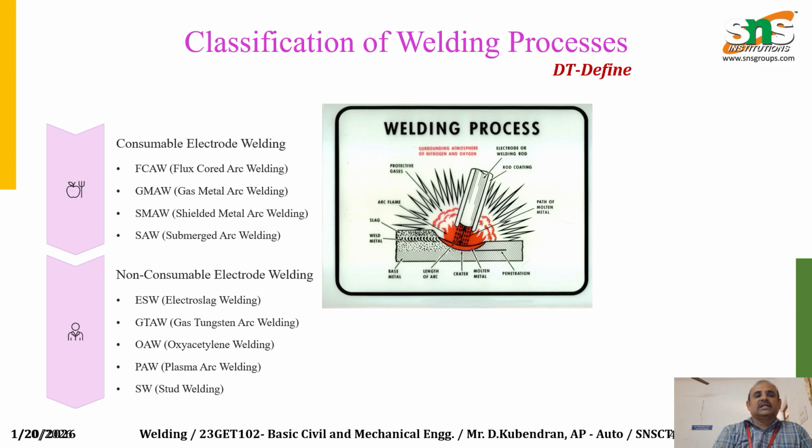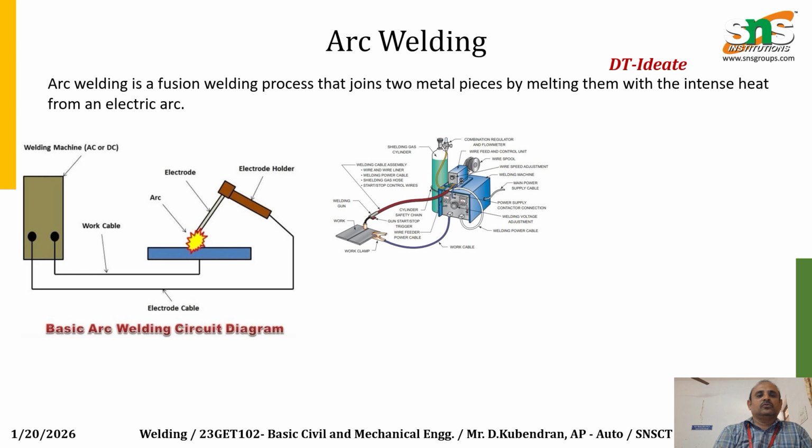Arc welding uses an electric arc between an electrode and the workpiece to melt metals. Gas welding: flames produced by burning a gas to melt the metal for joining. Resistance welding joins metals by applying pressure and passing electric current through them to generate heat at the joint.